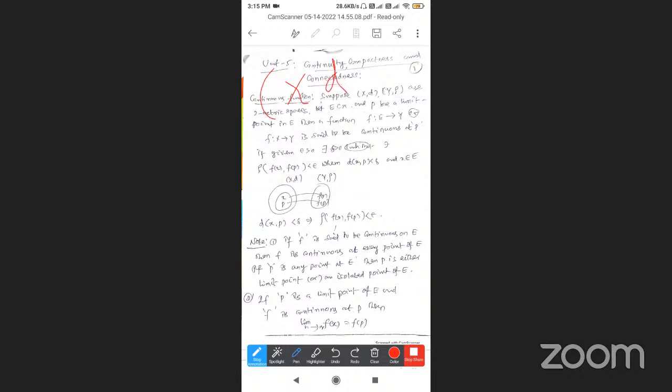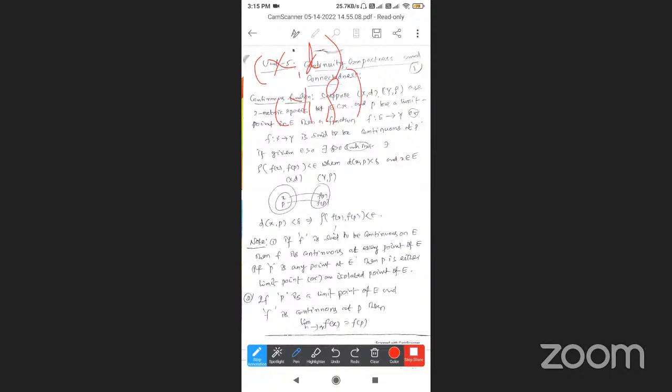X comma D is one metric space. Y comma rho is the second metric space. Actually, in your textbook it is X comma D1, one metric space, and Y comma D2, the second metric space. X and Y are two metric spaces. Now I take X comma D as one metric space, Y comma rho as the second metric space.